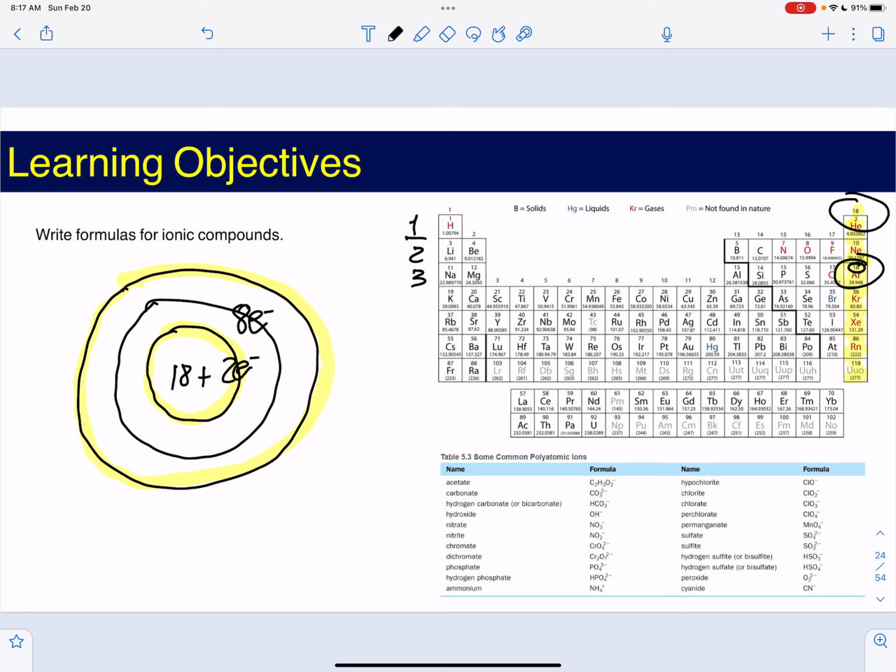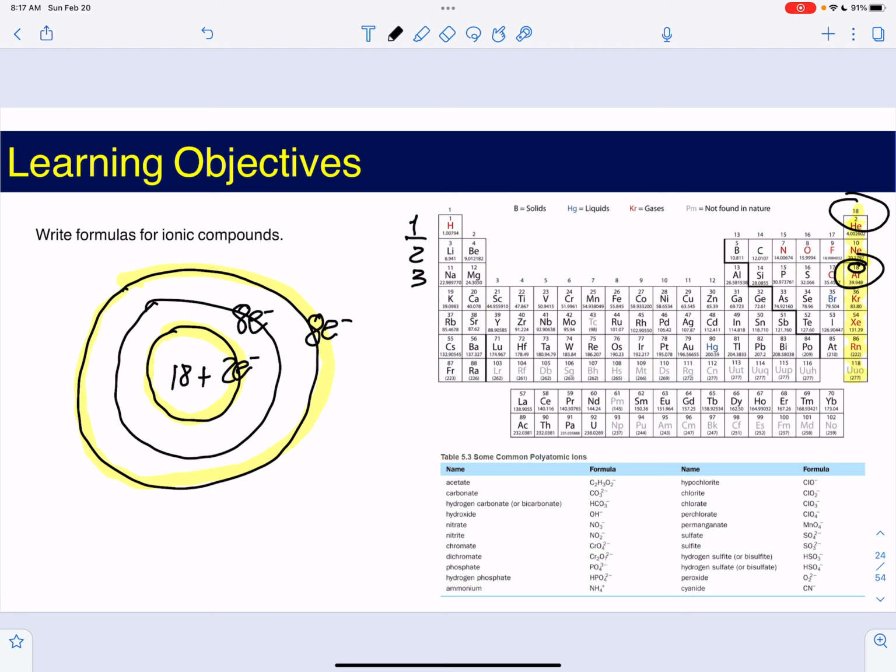And level number 3, the maximum you can put also, there's more to this one, but we're not going to go there yet, is 8 also. So that's where you get the 18. 2 plus 8 is 10, plus 8 is 18. So 18 protons, 18 electrons. And that's perfect. That's balance. That's what nature wants.